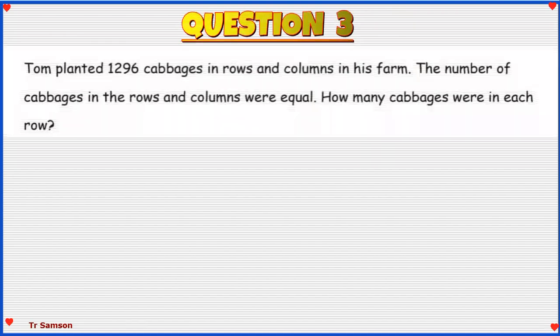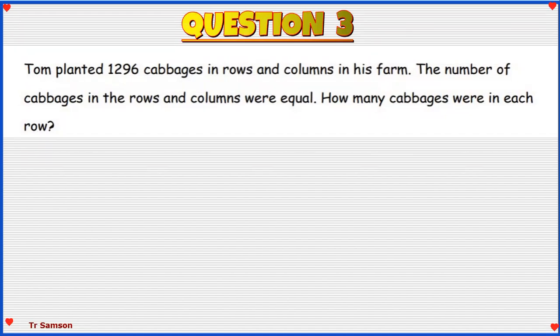Question number 3. Tom planted 1,296 cabbages in rows and columns in his farm. The number of cabbages in the rows and columns were equal. How many cabbages were in each row?